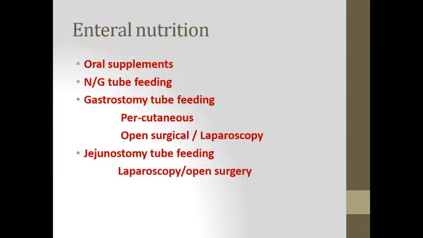If the nutritional support is needed for less than 2 weeks, we can give the NG feeding. But if the nutritional support is prolonged, more than 2 weeks, we have to give through the gastrostomy tube or through the jejunostomy tube.